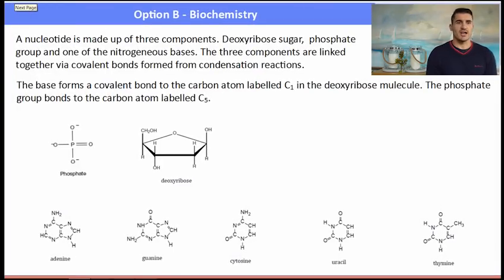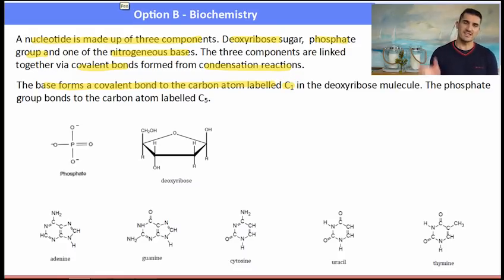A nucleotide is made up of 3 components: our deoxyribose sugar, our phosphate group, and one of the nitrogenous bases. Those 3 components are linked via covalent bonds formed from condensation reactions. The base forms a covalent bond to the carbon of the sugar labelled C1.